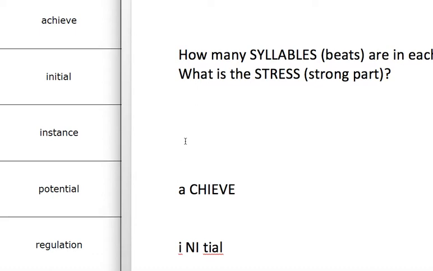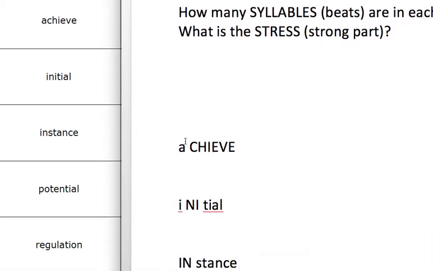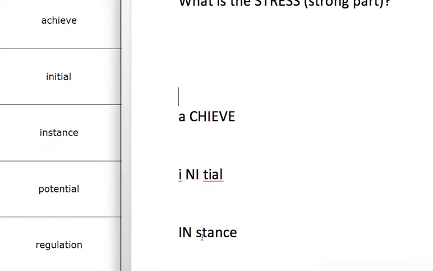There are 2 syllables in instance. What is the stress? Is it the first syllable or the second? Instance. It is the first syllable.